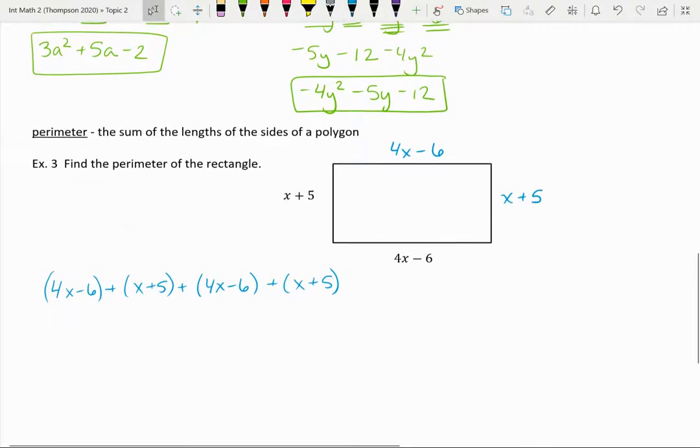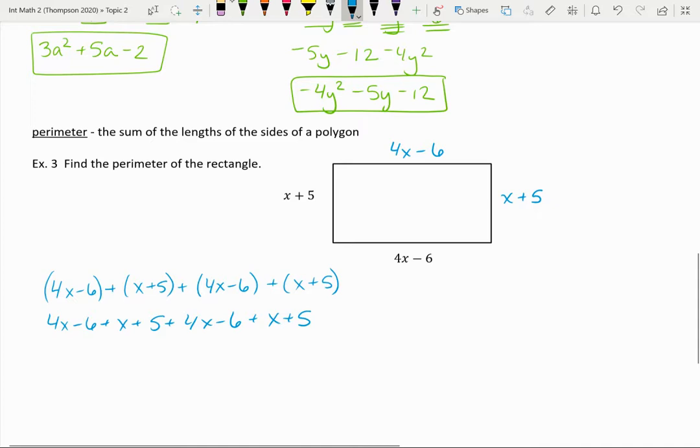This is what pops out for me. Then I'm going to have to rewrite this without any parentheses. Because these are all addition signs, I can just drop the parentheses and not change any signs and just recopy it without the parentheses. Sometimes I have a different symbol in between the parentheses, and I have to account for that. Right now it's just addition.